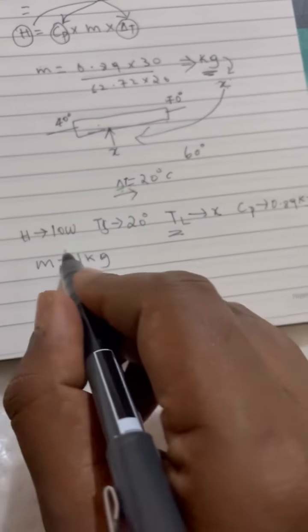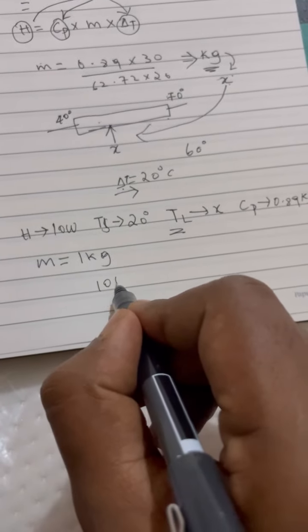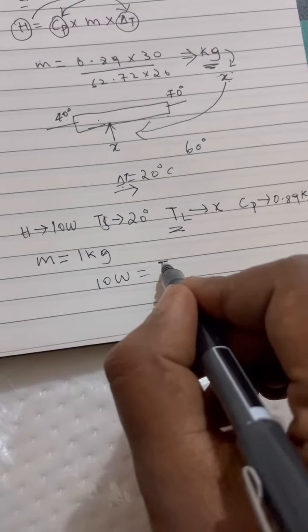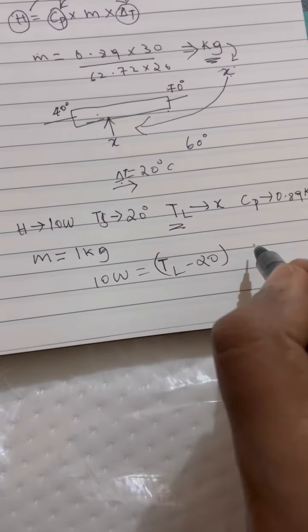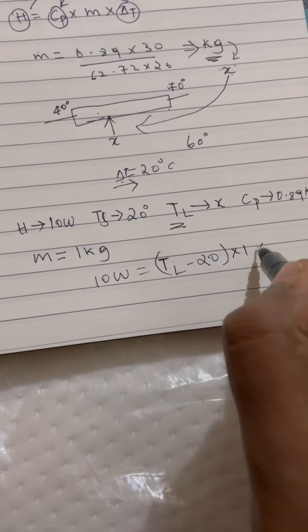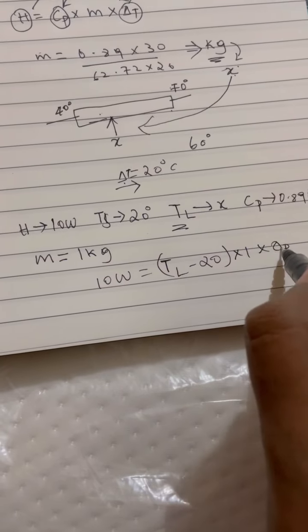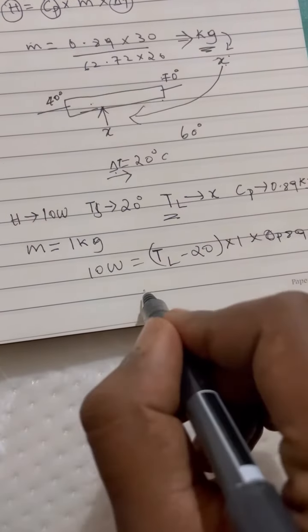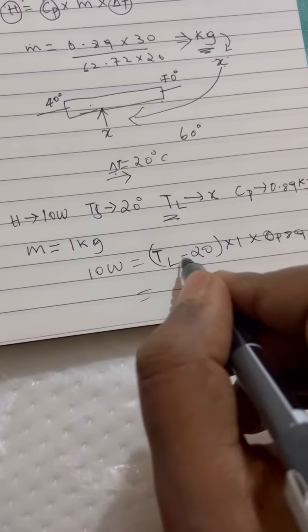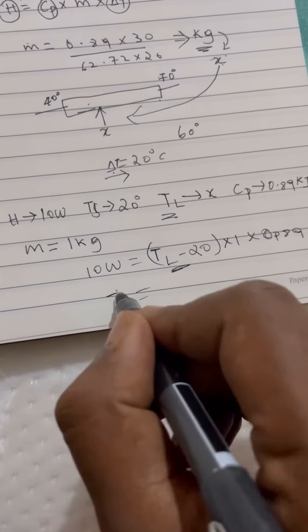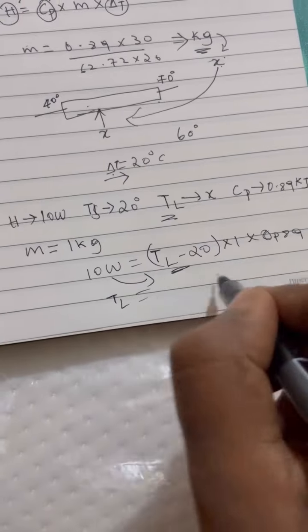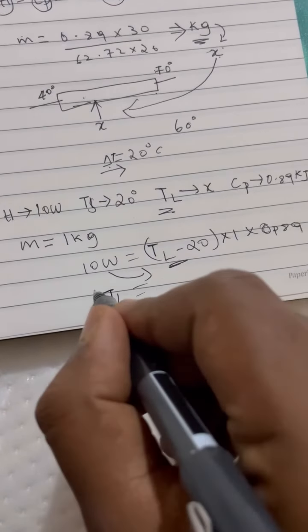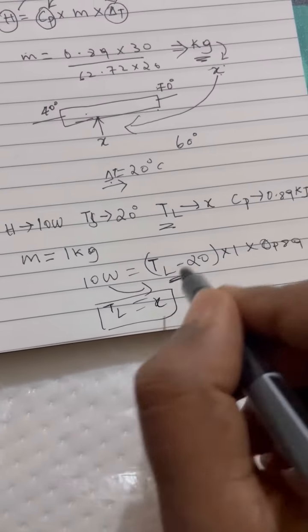Let's try to do that. So 100 watt equals the last temperature minus 20 degrees, into mass 1, and Cp 0.89. When you put everything in except TL, you rearrange the equation, and you will get your last temperature.